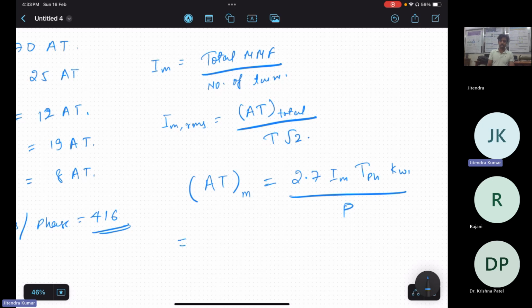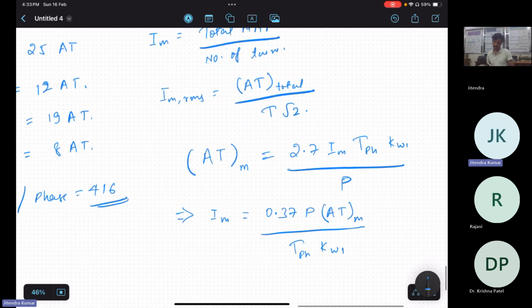And it will lead to magnetizing current per phase 0.37 into P into ampere turns peak divided by T phase into kW1.